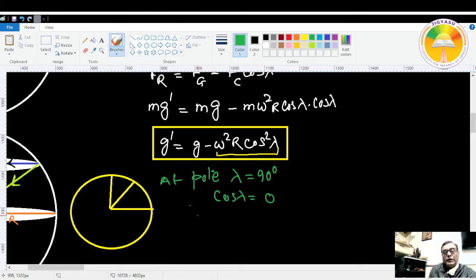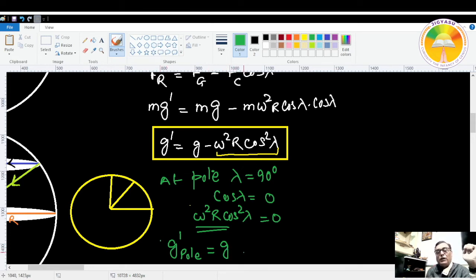So this subtracting factor, the factor that causes change in the gravity, will be 0. So g dash at the pole will be g, the normal case. That means there is no effect of rotation on the objects lying on the pole. That means g at the pole is not affected by the rotational motion of the earth.